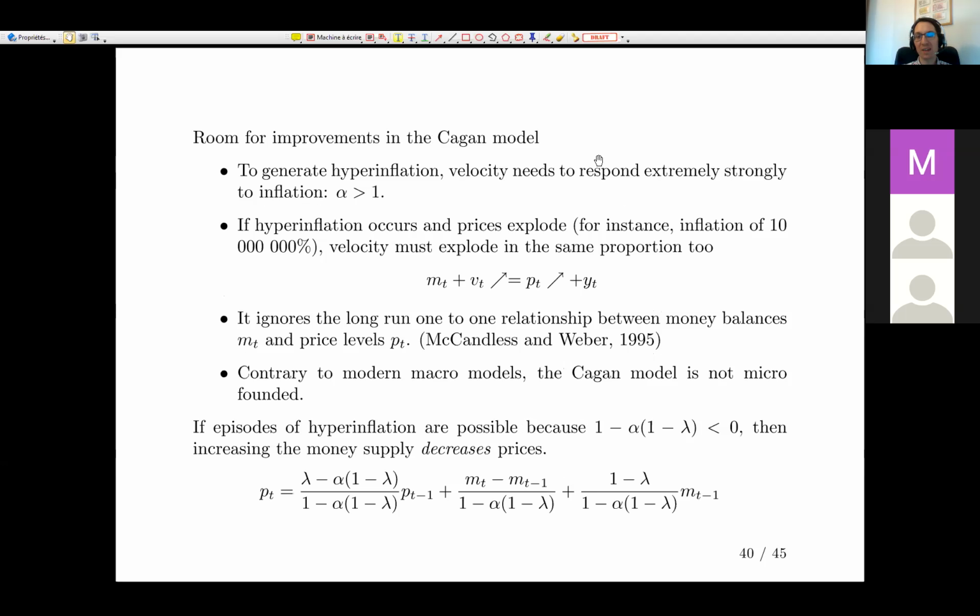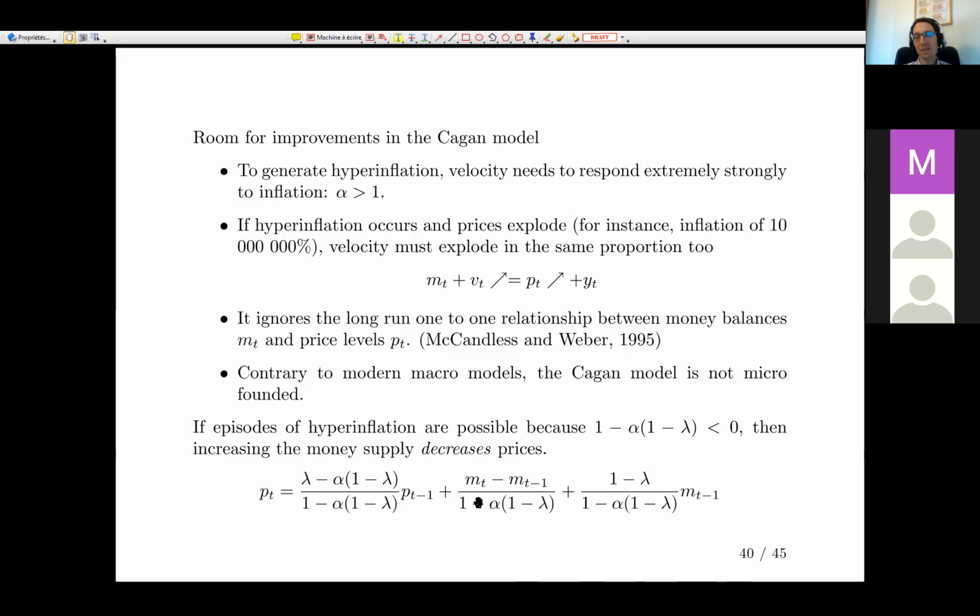So these hyperinflation episodes are very strange. Here what I did is I reorganized the equation of Kagan's model with the change in money supply today.